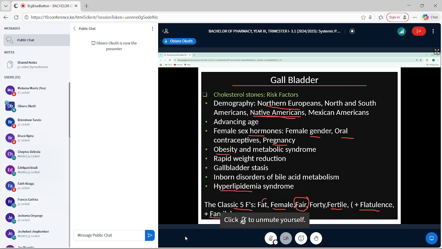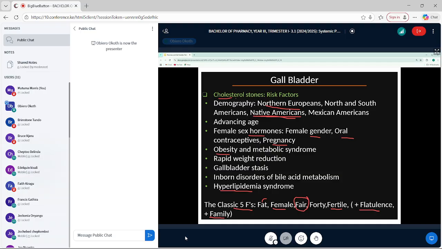Typically, even in our setting, female, more than 40 years, multiparous, or on oral contraceptive, and who are obese. So fat, female, fair, 40, and fertile. This is for cholesterol stones.